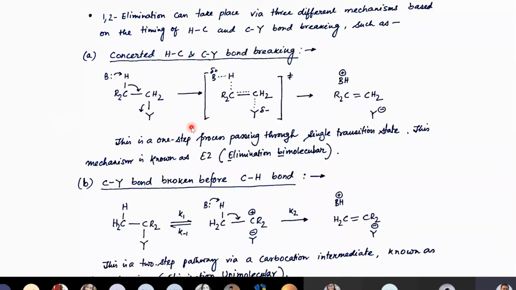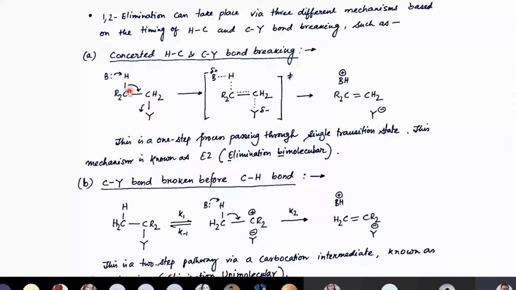This is the transition state, where it is shown in the dotted bond that this base takes up this proton and this Y minus, which is a good leaving group, leaves to give you this alkene. This is a one-step process passing through a single transition state. This mechanism is known as E2 mechanism, or elimination bimolecular.